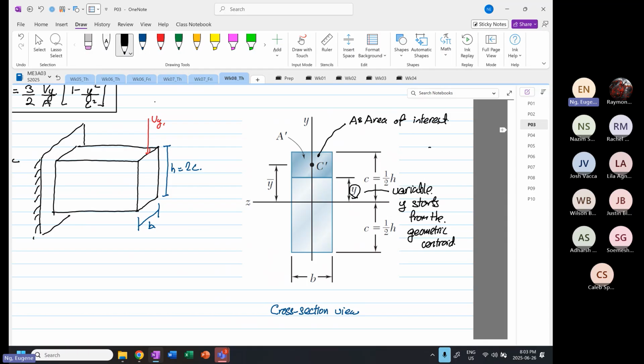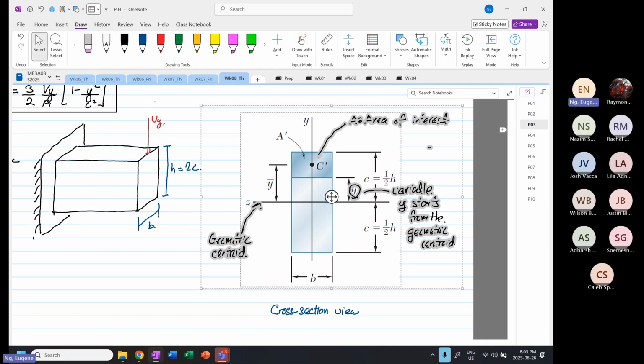And when that is the case, so this is our geometric centroid. Okay, that is our geometric centroid. So basically over here, this line, the geometric centroid, this is our datum.